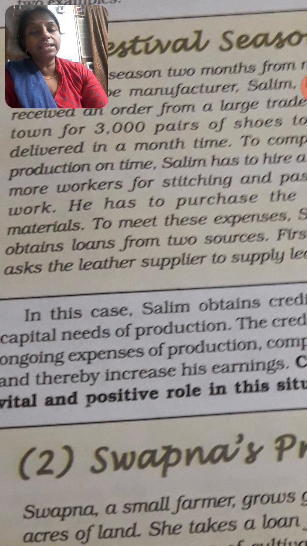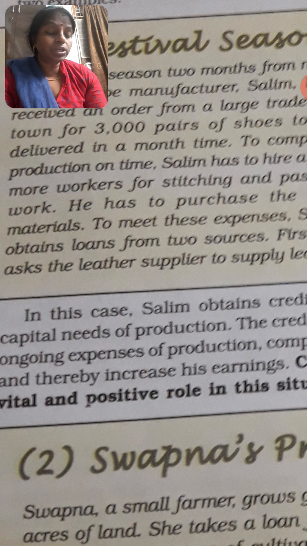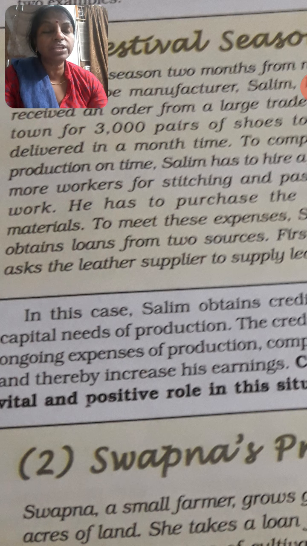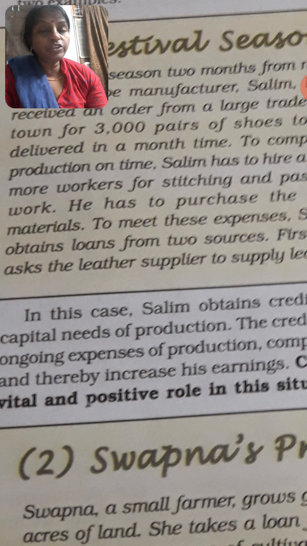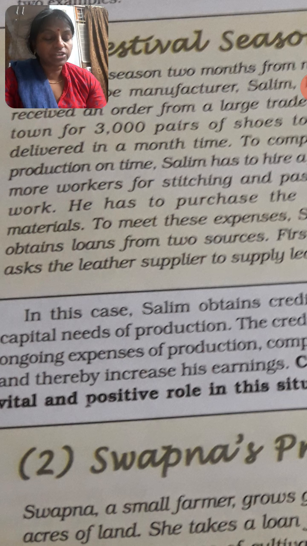So in this case, what we saw is that the manufacturer, whose name is Salim, has taken credit or loan to meet the working capital. Working capital means he hired the workers, he bought the extra inputs, leather, etc., which he needed in the production.